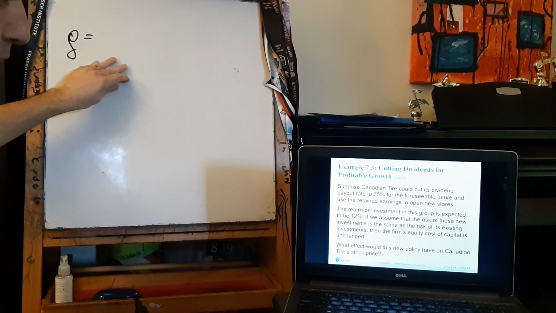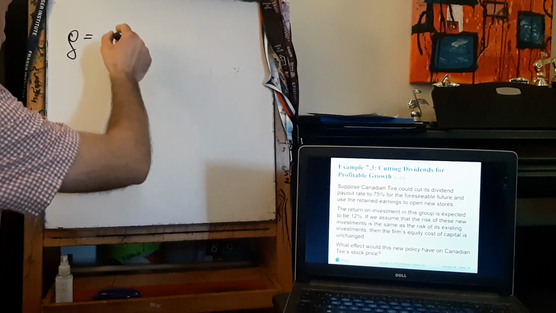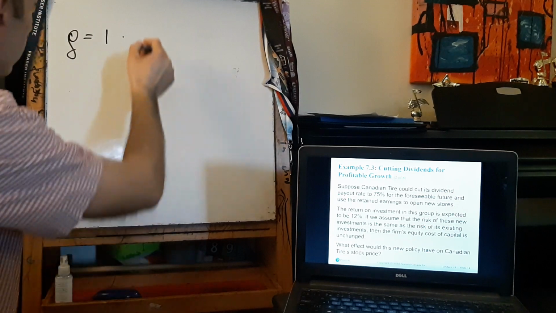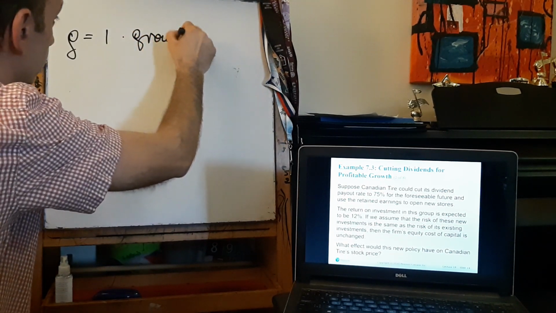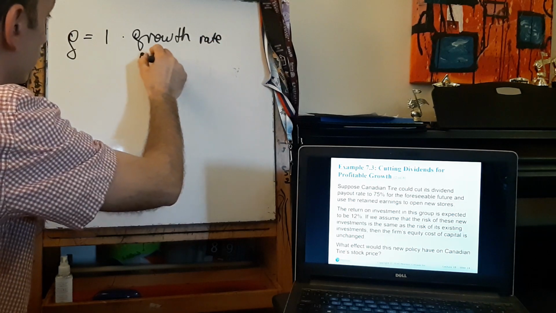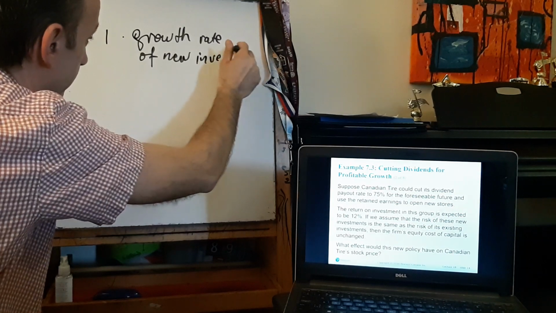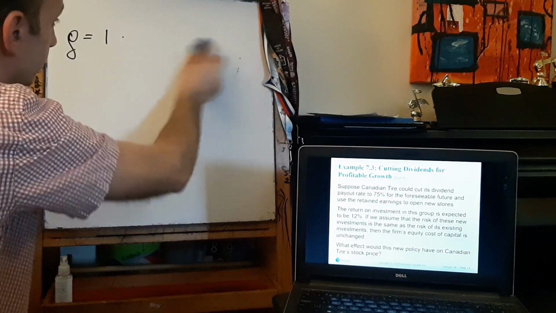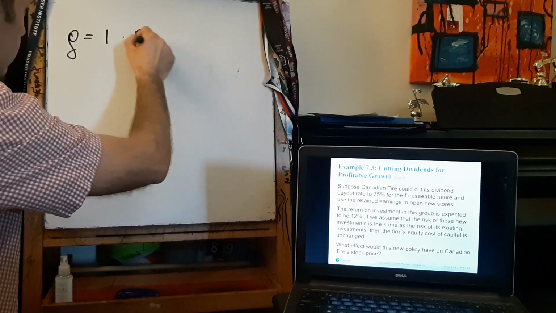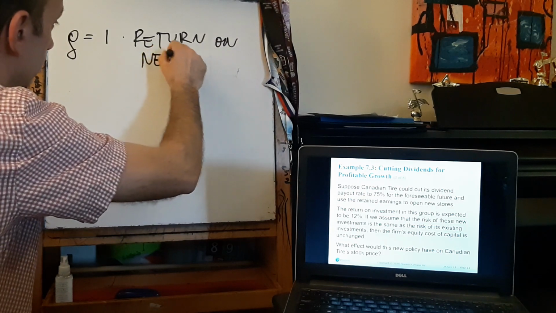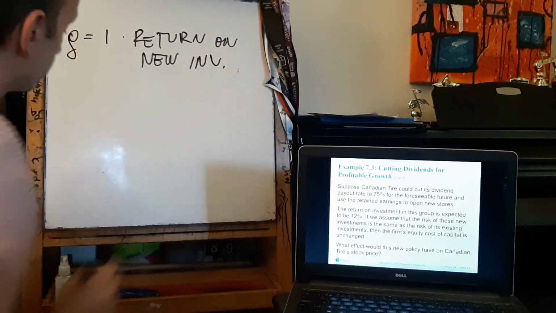So for example, if you take 100% of your net income and put it into new investment, that will be 1 times the growth rate of the new investment. Actually, instead of the growth rate, we should say return. It's a better term: return on new investment.